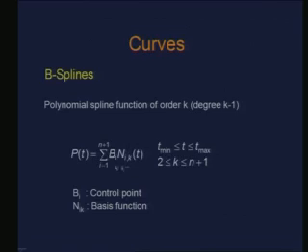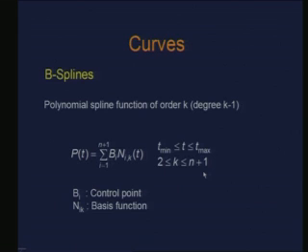The polynomial spline functions which are used as a basis for B-splines are defined as these N_i,k's, where k is the order of the curve. Therefore, it ranges from 2 to n plus 1, where n plus 1 is the number of control points you specify, right.